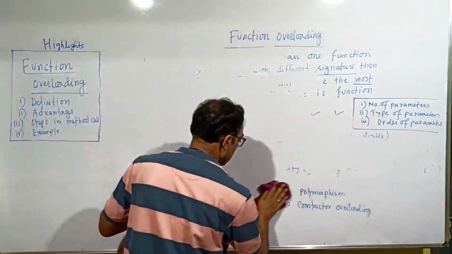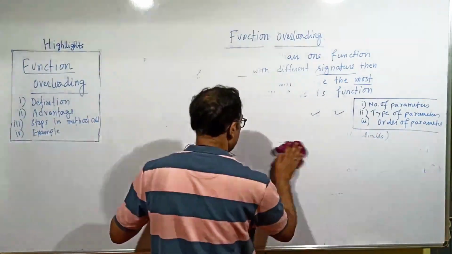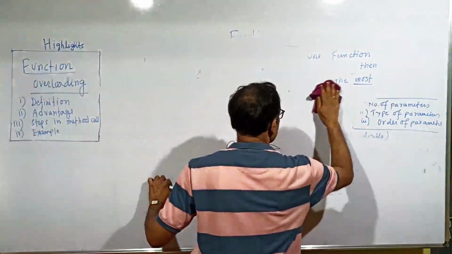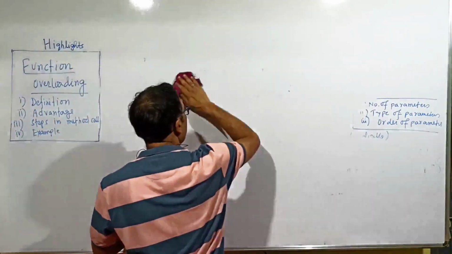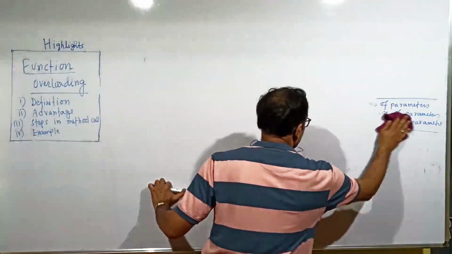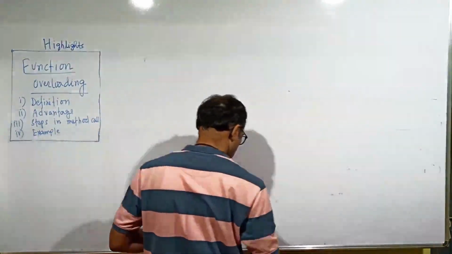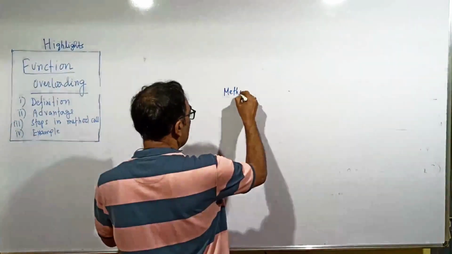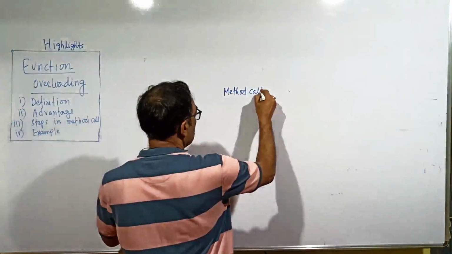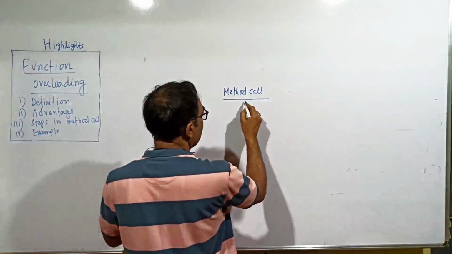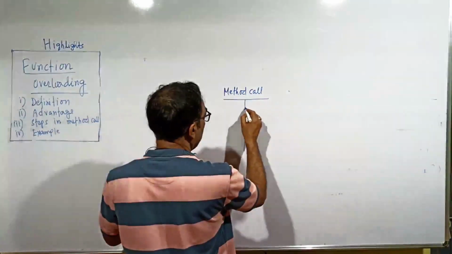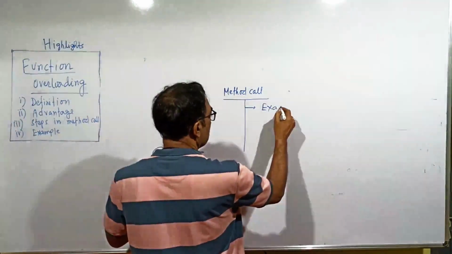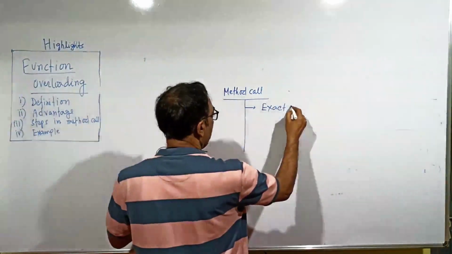So when a method is called, different situations might take place with a method call. Number one, exact match.